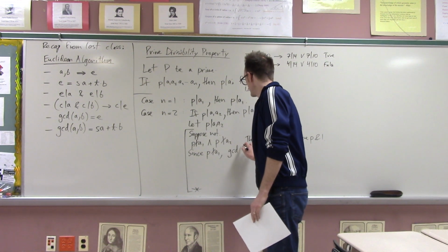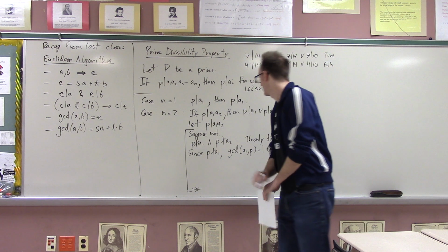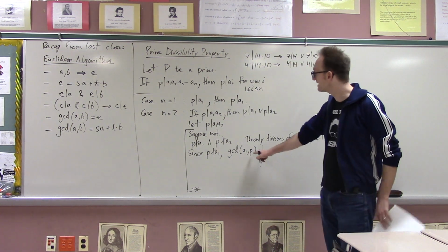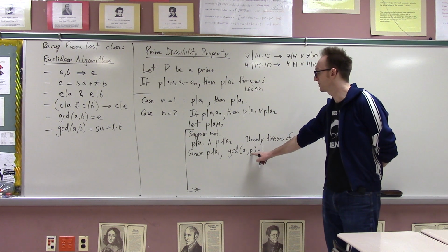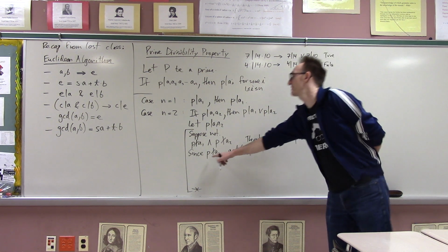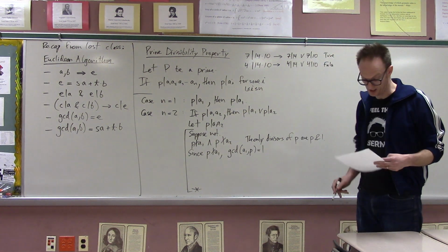The GCD of a1 and p is 1. The only possibility would be p itself, but p doesn't divide a1, so p can't be a common factor.